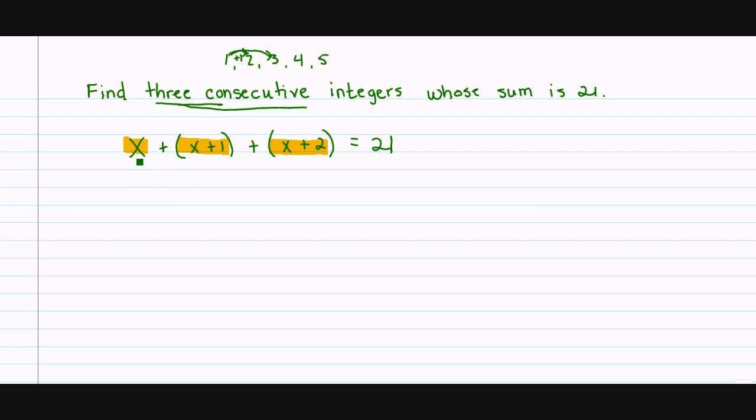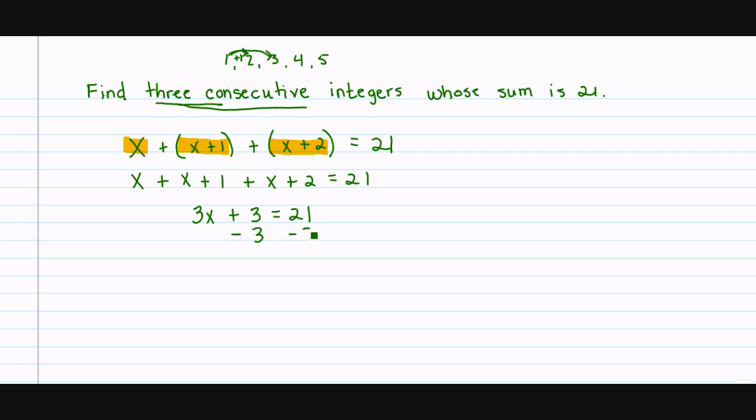So I'm going to add. I have x plus, x plus 1, plus x plus 2, removing the parentheses so I can combine. I have 1, 2, 3 x's plus 1 plus 2 is 3 equals 21.